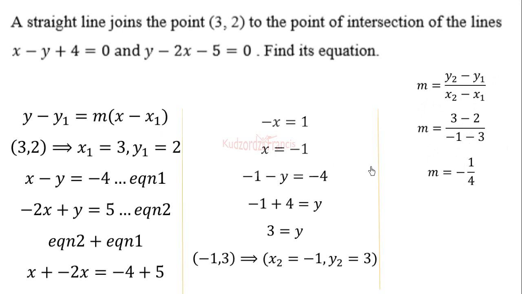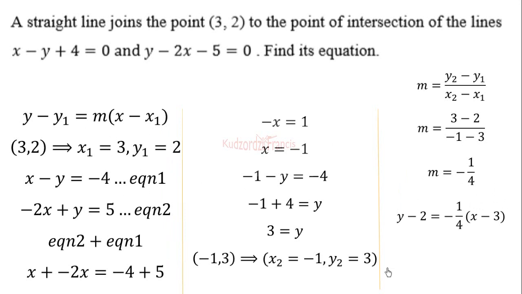Let's substitute that into the equation: negative 1 over 4 here, 2 here because y1 is equal to 2, and 3 here because x1 equal 3.